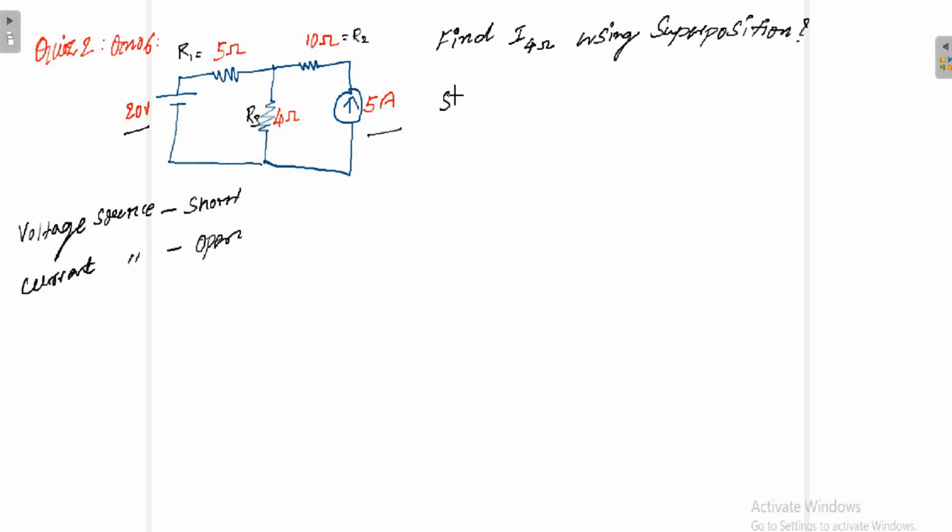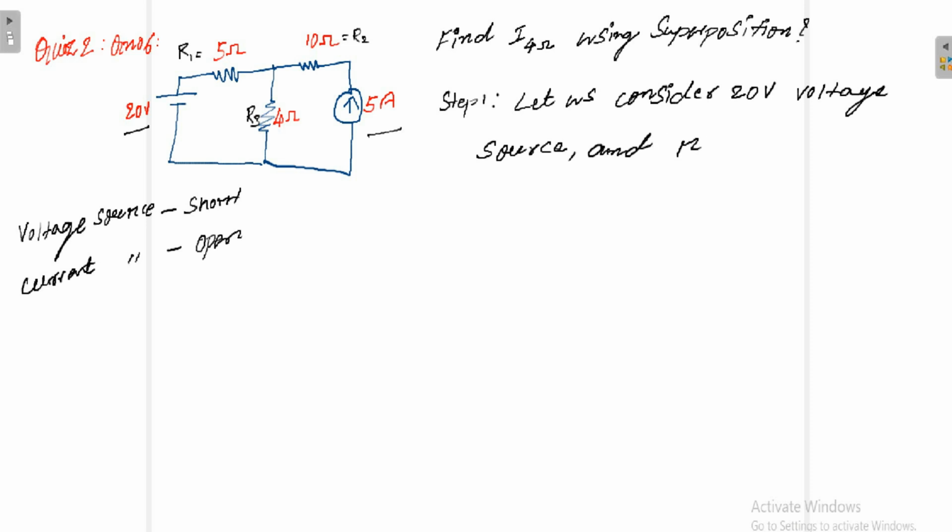Step 1. Let us consider the 20 volts voltage source and replace the 5 ampere current source with an open circuit.